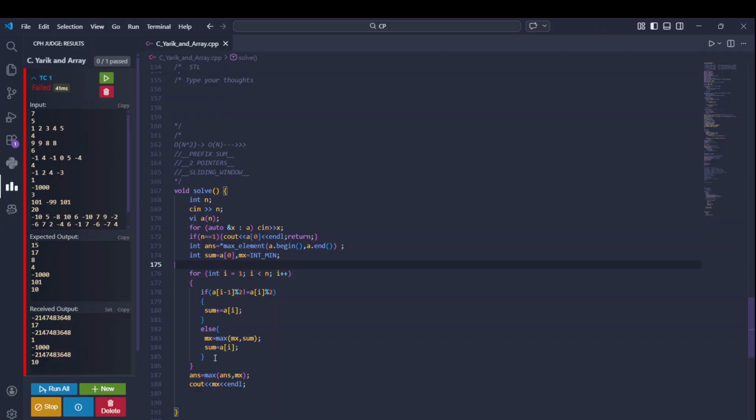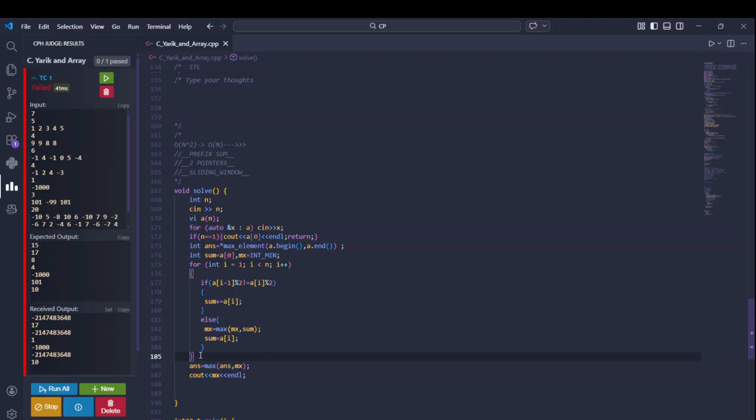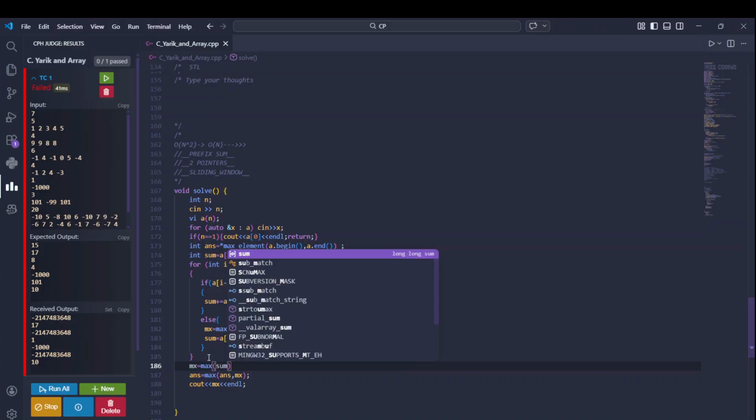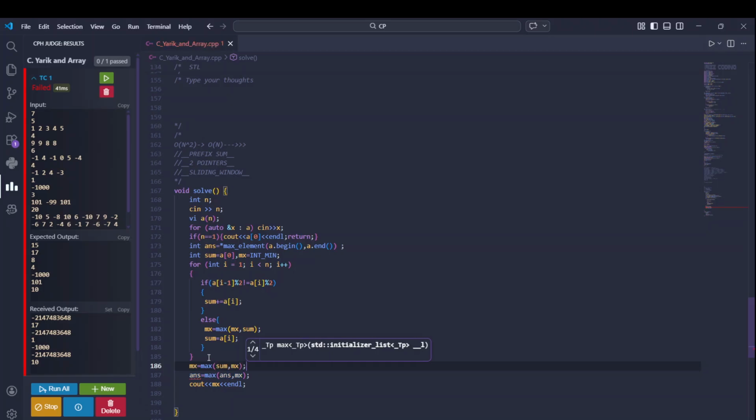After the loop also, you can just say I have calculated sum, so answer of x, max of sum. I can do like this also.